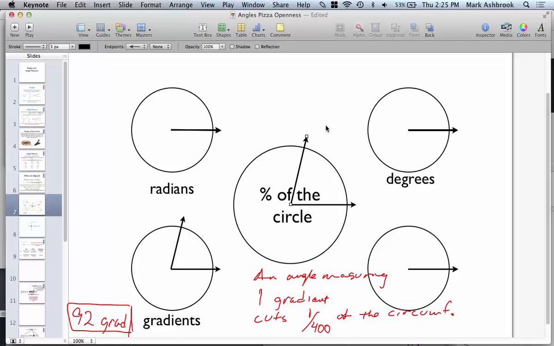All right, so for the percent of the circle, you said you did 92 over 400? Is that right? Keep going. So what did you do first? Did you do degrees first or radians? Radians. So how would you calculate how many radians is 92 gradients?